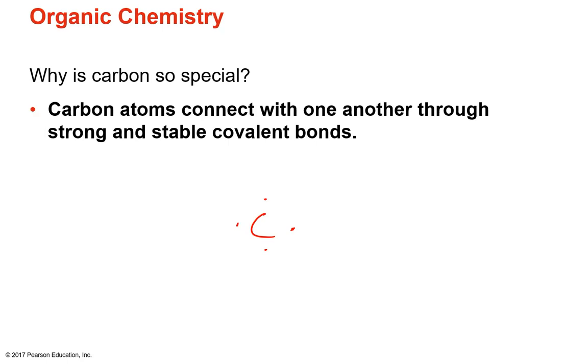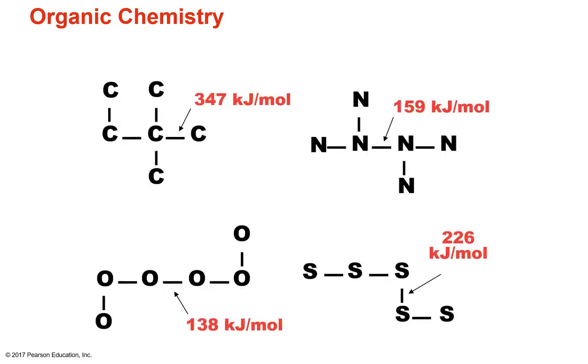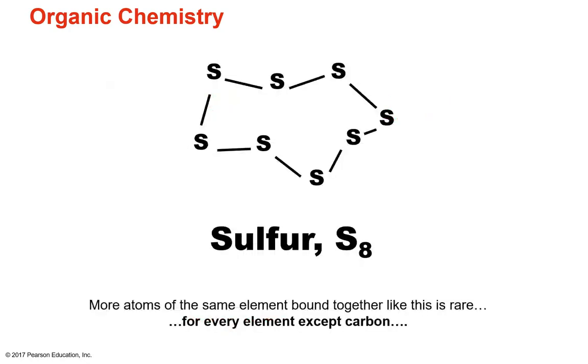There's another thing, though, that's unique about carbon. With carbon, you can make strong things that are a bunch of carbon atoms. With other things, notice the strength of this, comparatively, not nearly as strong. And because of that, you just don't find those things. An example of something you can find, apparently, sulfur 8. I say apparently because I don't know that it exists.